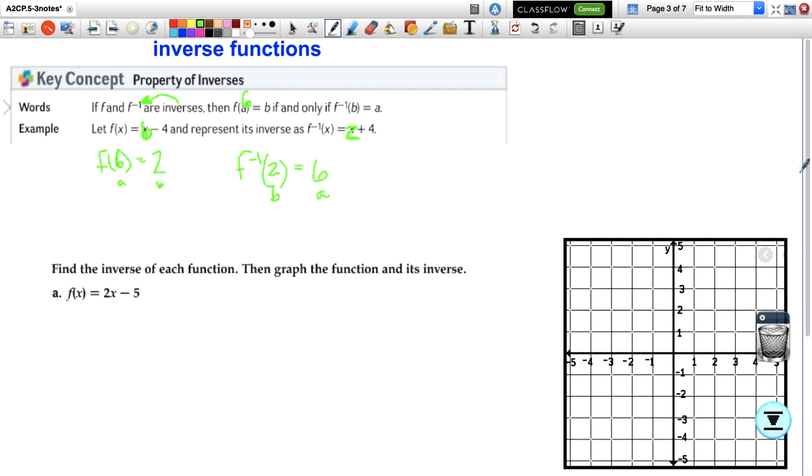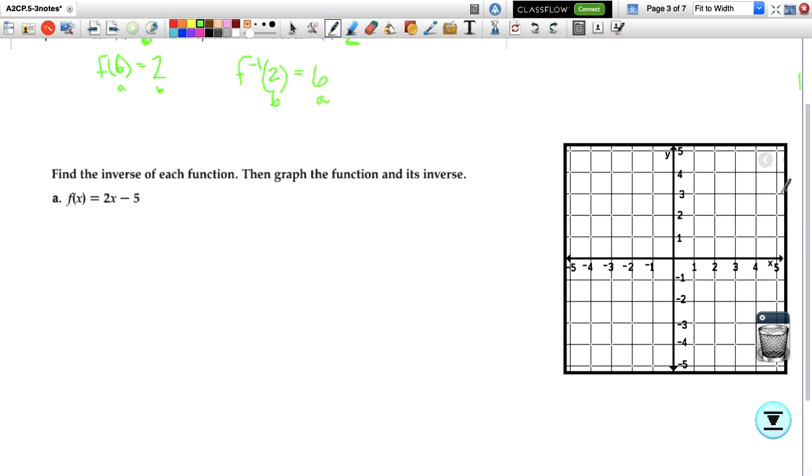Now, writing an inverse seems like it's going to be hard. It can be tricky, but the general process is the same every time. The first thing you're going to do is replace your x with your y and your y with your x.